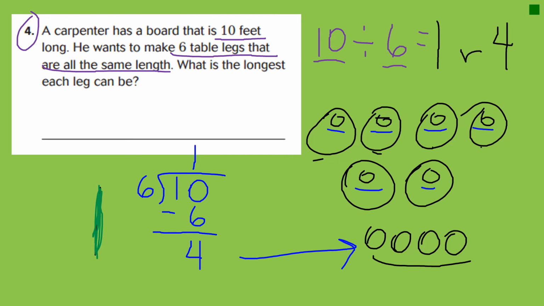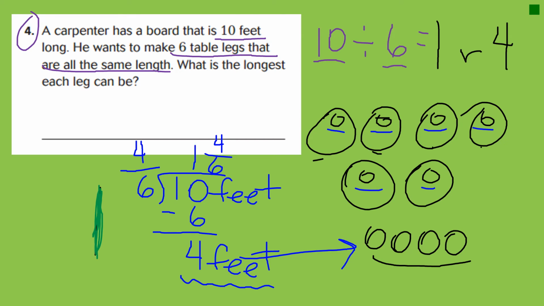So what you can do is make that into a fraction. You have 4, and if that's feet, then that's feet, okay? You're going to take the 4 feet left and say, I want 1 and 4/6 of the 6 equal table legs. 1 and 4/6.